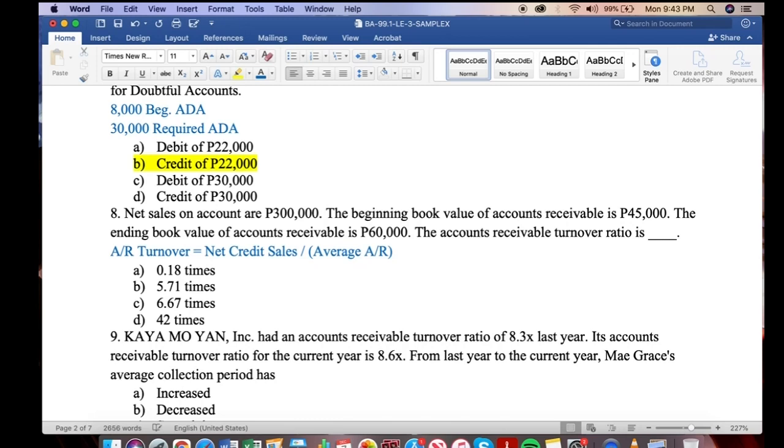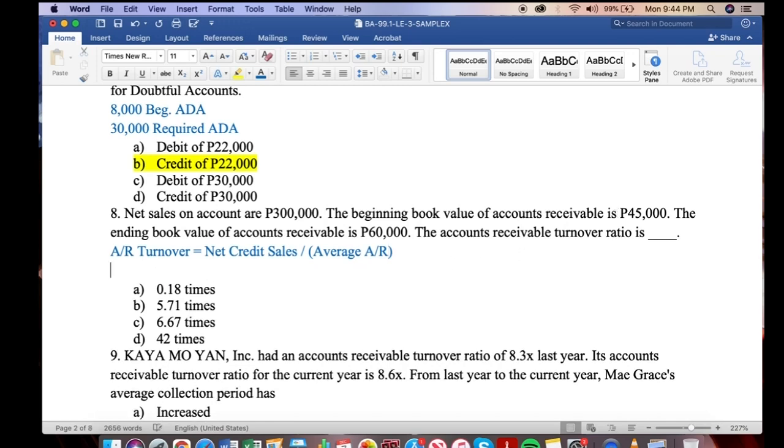So, yung AR na yan, we have 45,000 plus 60,000 divided by 2. Again, average. So, add mo lang divided by 2. We get 52,500 dito sa denominator.